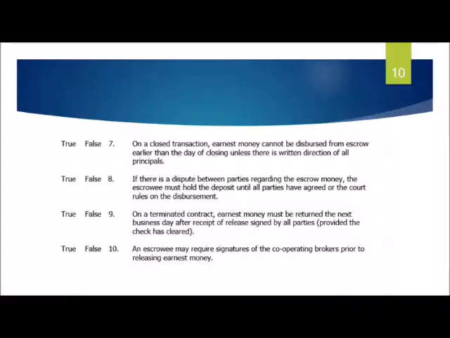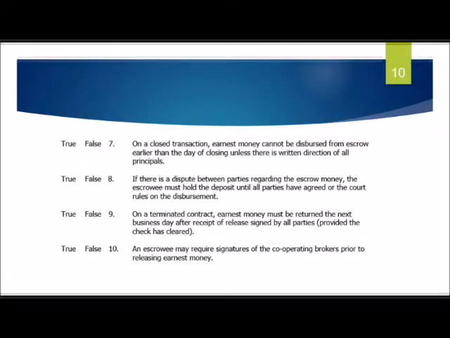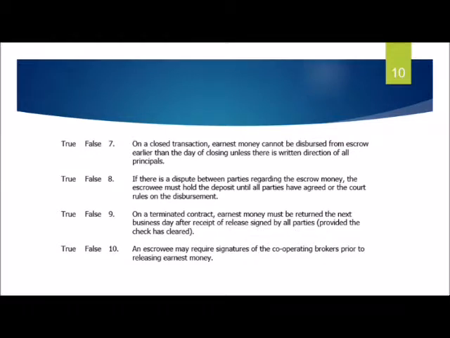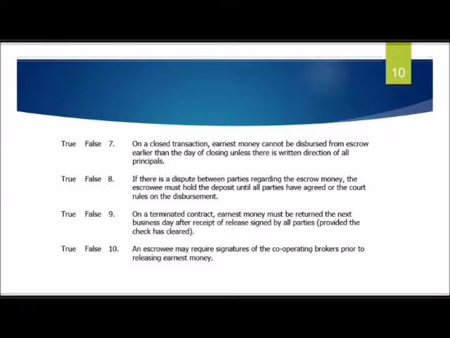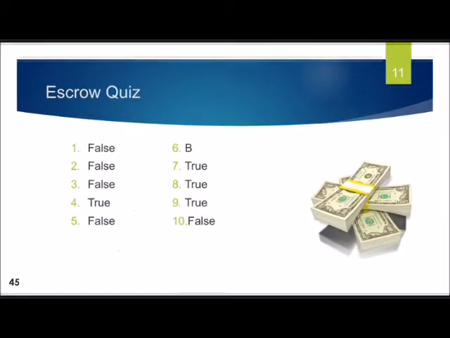Number 9, on a terminated contract, earnest money must be returned the next business day after receipt of the release signed by all of the parties, provided the check has cleared, and that is almost verbatim what's in the license law. So when the transaction falls apart because the buyer did a home inspection and the seller won't make the repairs the buyer wants, then the buyer says, I want my earnest money back.